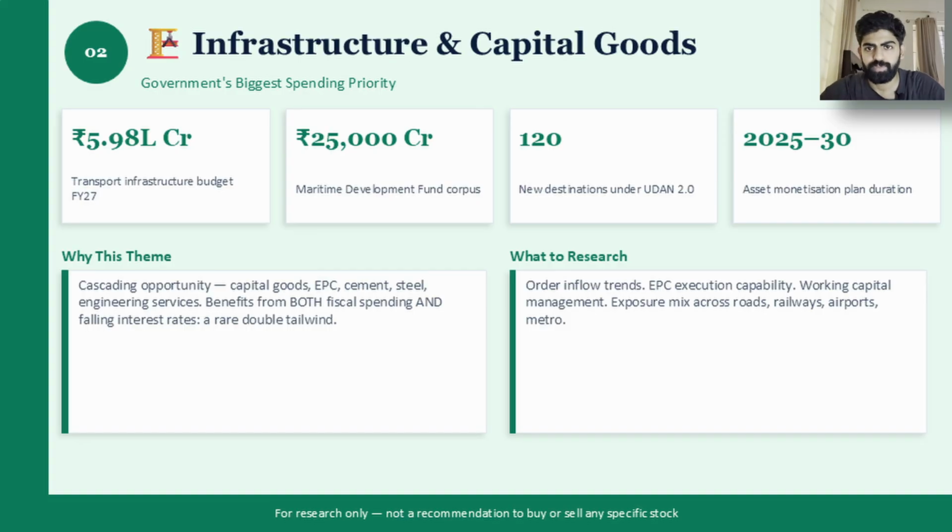When government spends this aggressively on infrastructure projects, it creates a cascading impact or opportunity for capital goods and industries like cement, steel, engineering services, etc. So this is the second theme, infrastructure and capital goods. We can think about engineering, procurement, construction related industries, park our money there, ports, logistics, railways, etc.